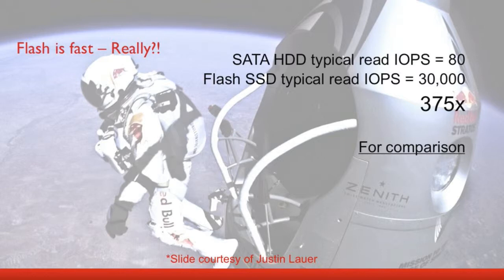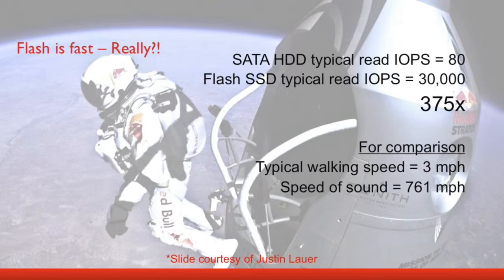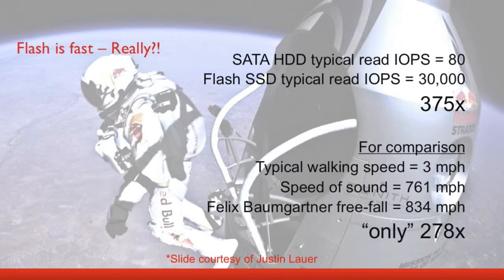Breaking the sound barrier is really fast. By comparison, walking is a little slower than breaking the sound barrier, especially skydiving. Breaking the speed of sound versus walking seems like that'd be really fast, but it still doesn't even look like the same difference between a hard drive and a Flash element.